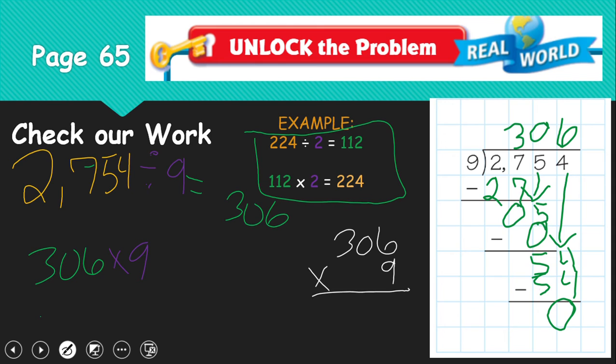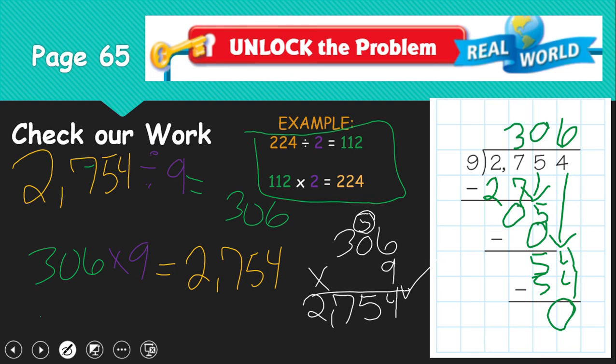So we place our 4 here and then our 5 up here. I'm going to circle it so I can remember that's what I regrouped up there. 9 times 0 gives me 0 and then plus 5. Then we do 9 times 3 gives me 27. Check! So that shows us that our answer is correct.